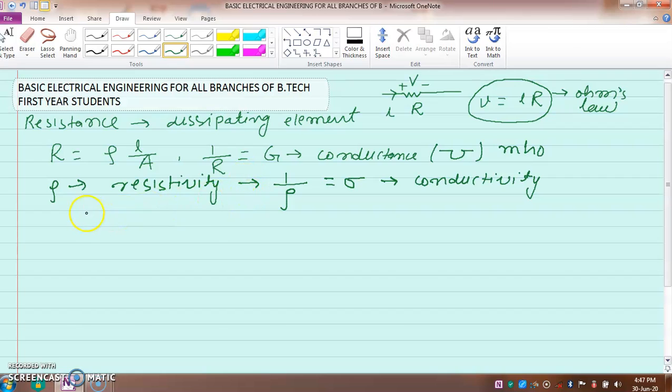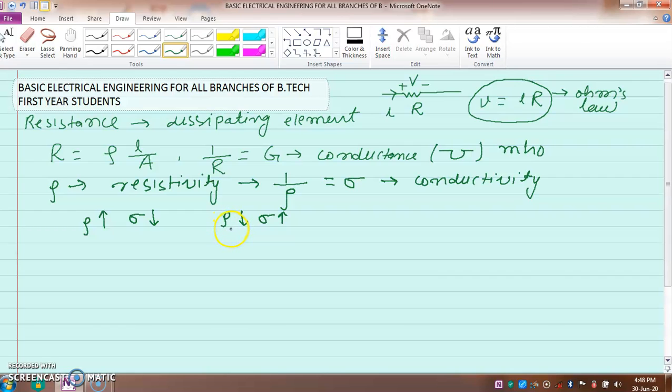If any element has high resistivity, then its conductivity will be low. If conductivity is low, it means it is a bad conductor, not a good conductor. If resistivity is low, then its conductivity will be high and the material is a good conductor. This resistivity is a material property.